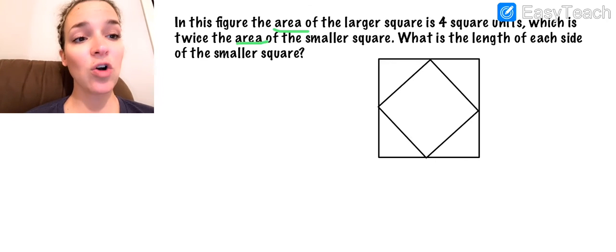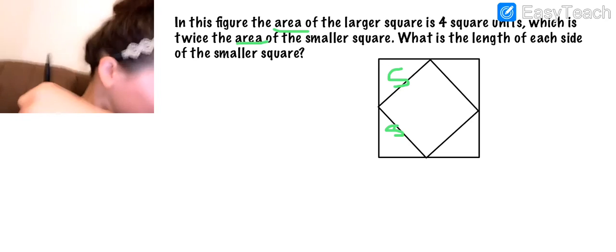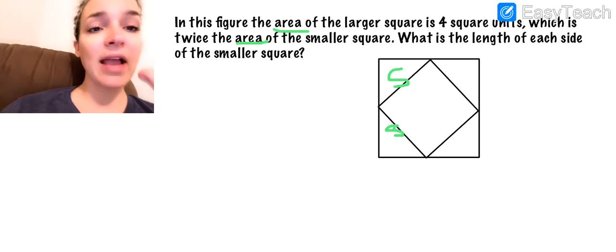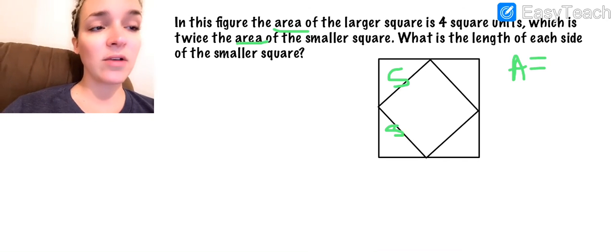Okay, so I'm going to use my inside square. If this side is S, this side has to be S. They would all be S. So if that's the case, then when I find the area, remember area is just length times width, which in this case are the same thing.